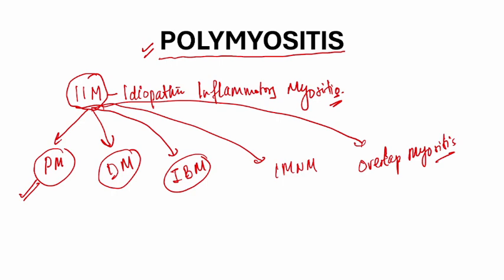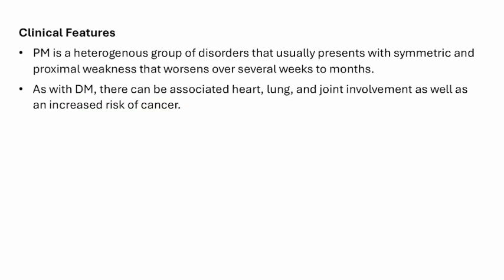Okay. Now, what are the clinical features of polymyositis? Polymyositis is again a heterogeneous group of disorders that usually presents with symmetric and proximal weakness. This is true with every kind of myositis except inclusion body myositis. IBM is an exception. So these findings will not be seen in IBM, but with polymyositis, dermatomyositis, immune-mediated necrotizing myopathy, we will see symmetric and proximal weakness.